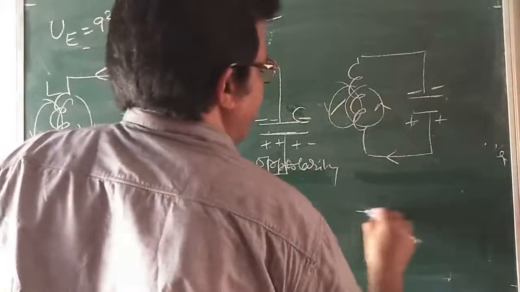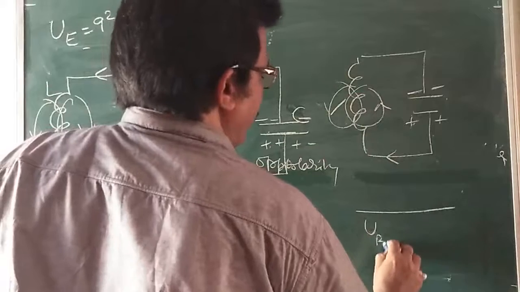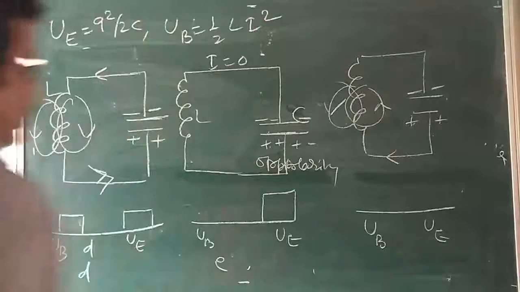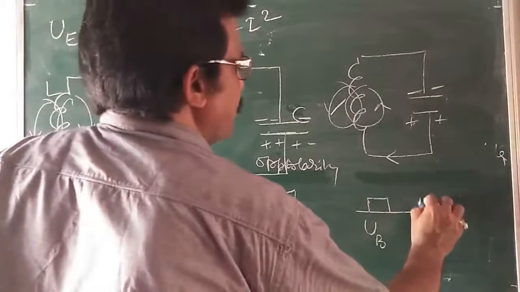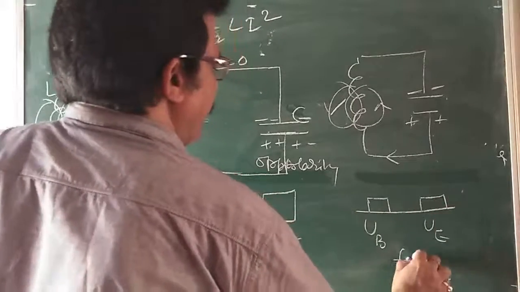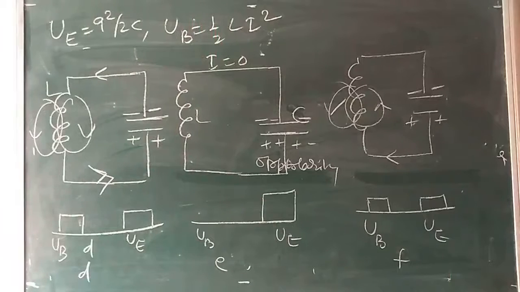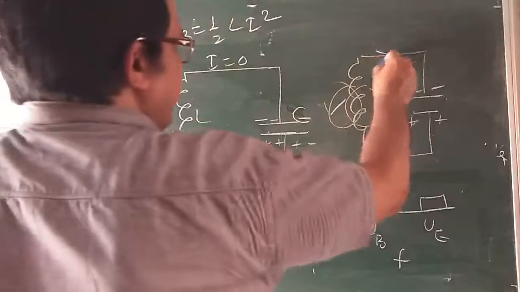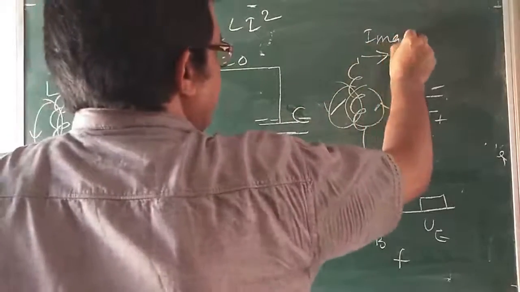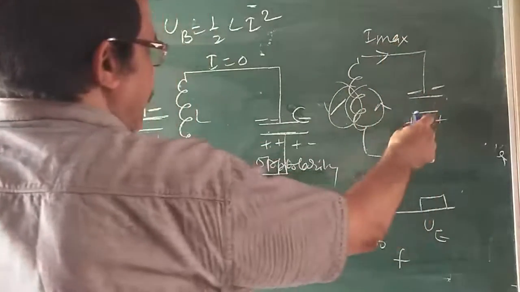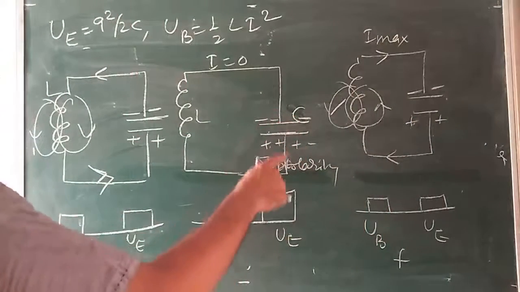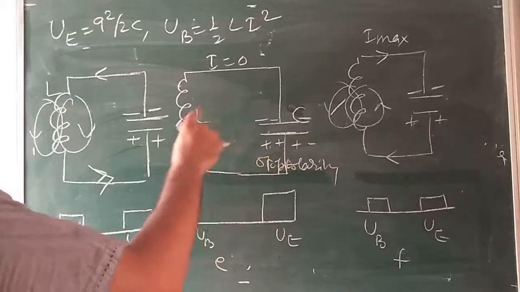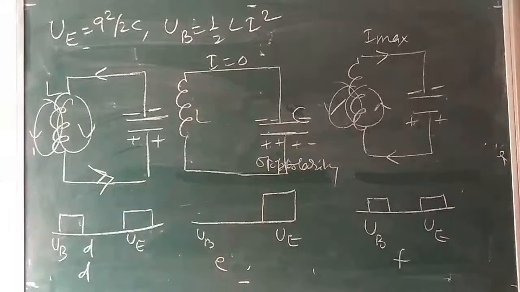So the magnetic field energy and electrostatic field energy bar graph is something like this in figure number F. Here the current is maximum. Again the capacitor starts discharging and all the electrostatic field energy is converted into magnetic field energy.